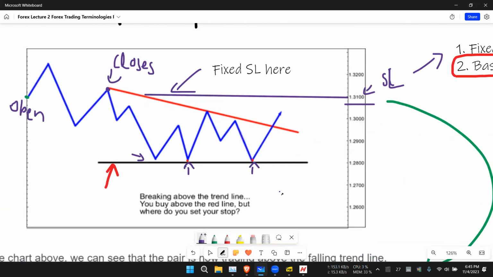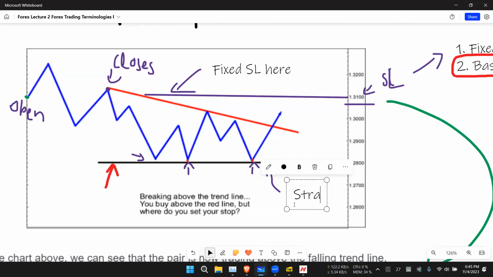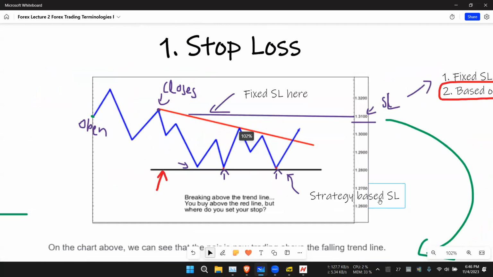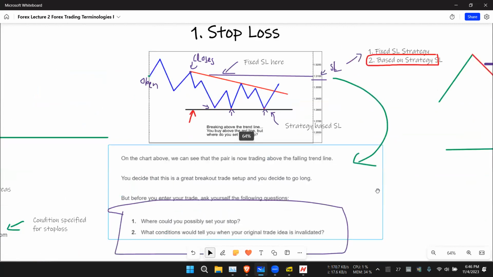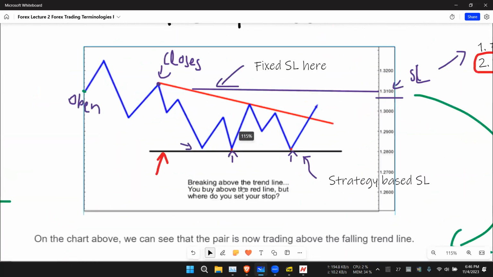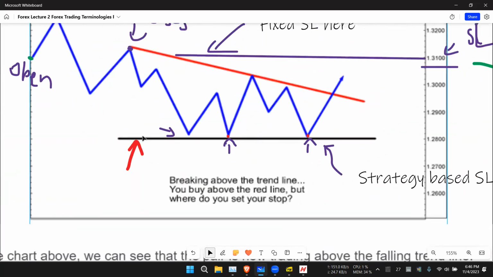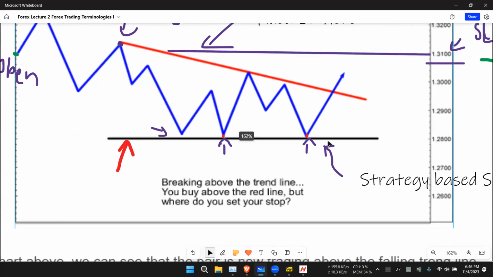And this line is going to be our strategy-based SL, right? That strategy base is for when it's going sideways, when the trend line is bouncing and hitting a baseline that we have set, certain conditions again and again.